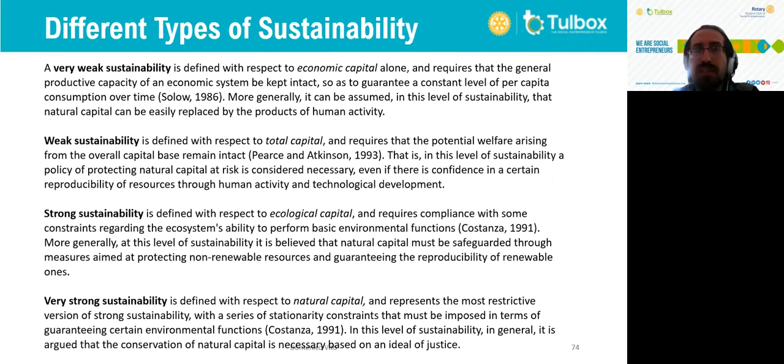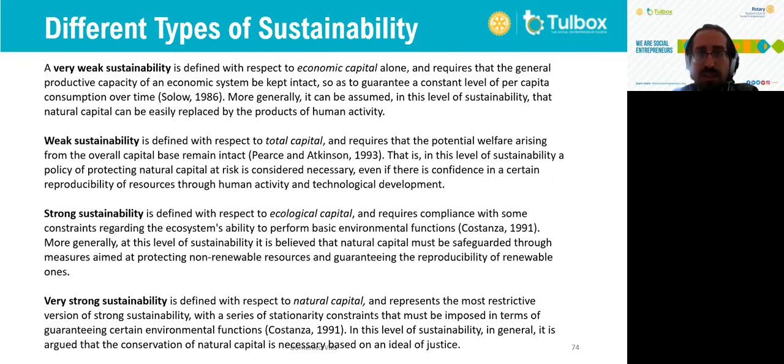We also have a weak sustainability that is defined just on the total capital. So that means that, for example, it is sustainable on the economical capital alone, and also just for the natural capital, so the non-renewable resources.